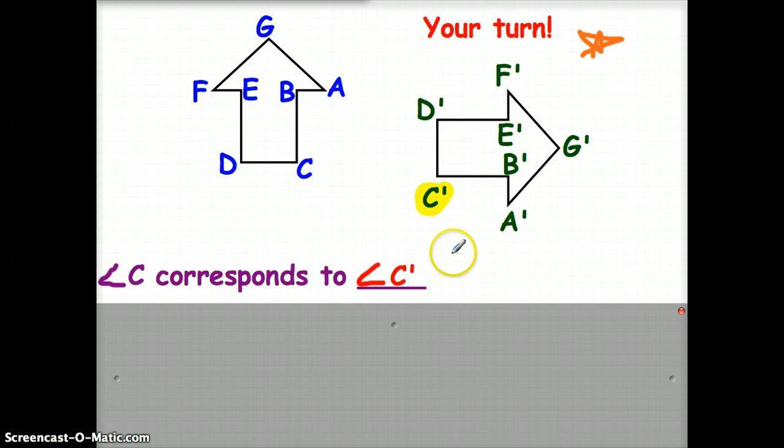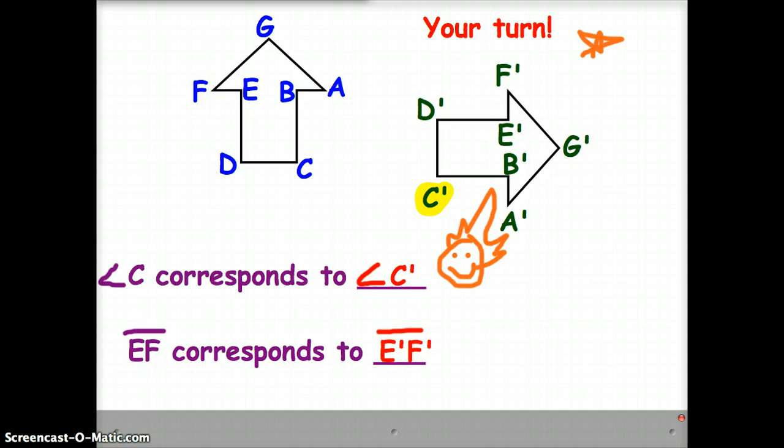If you did, give yourself a smiley face with some really funky hair. Lastly, did you get that side EF corresponded to side length E prime F prime? If you did, draw a mustache on your smiley face. If you did not get any piece of this, go back to the previous examples and see what you missed.